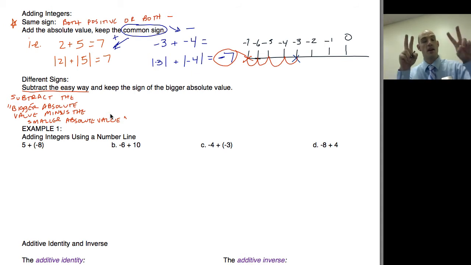So essentially it's going to be the bigger number minus the smaller number, meaning the absolute values.